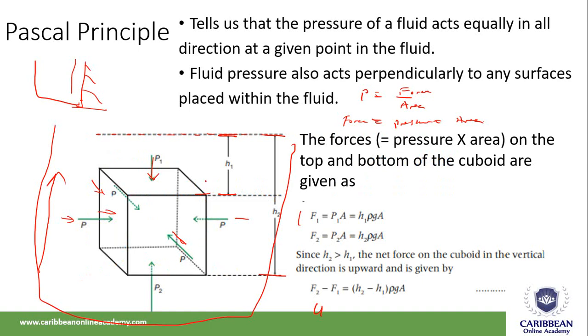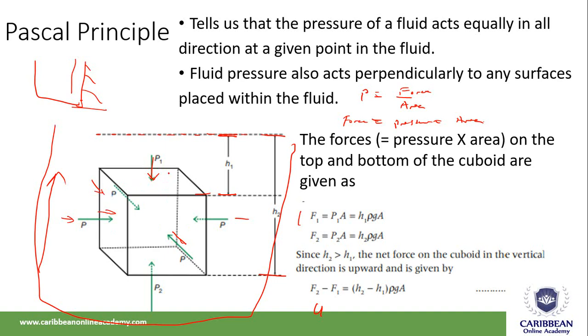Because going back to this, we realize that the fluid is going to exert that force F2 upwards, and then force F1 coming down is going to be the actual weight of the cuboid.